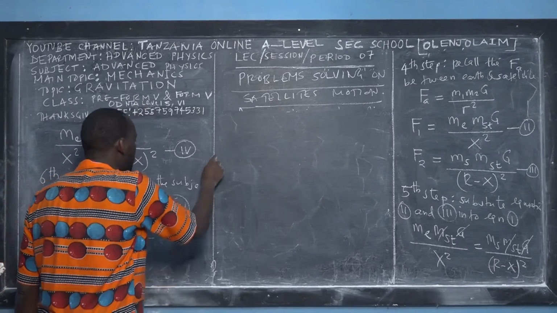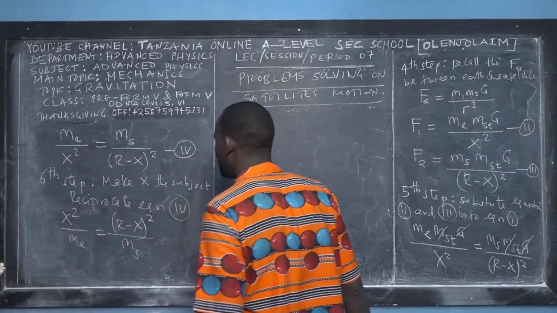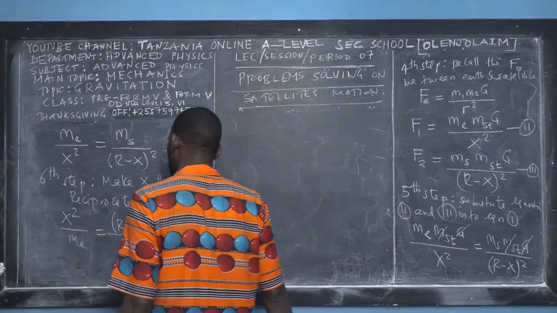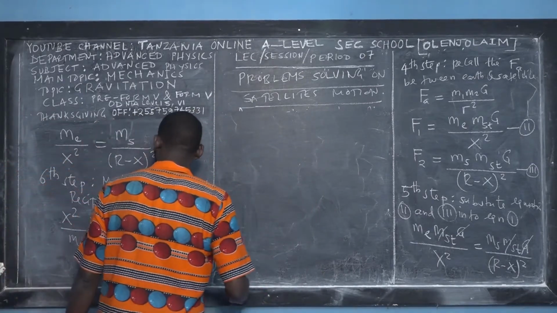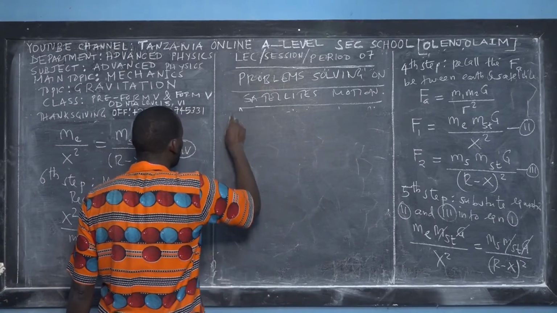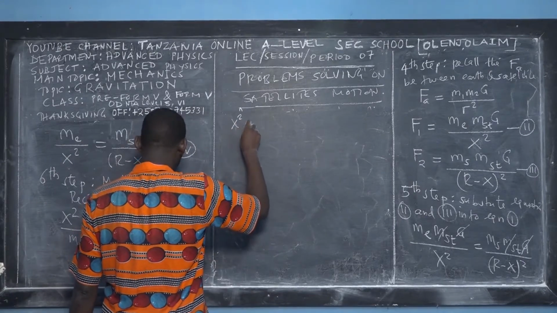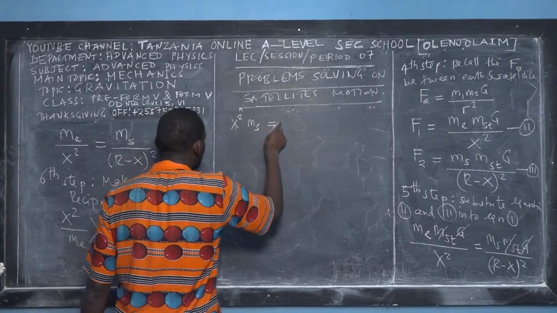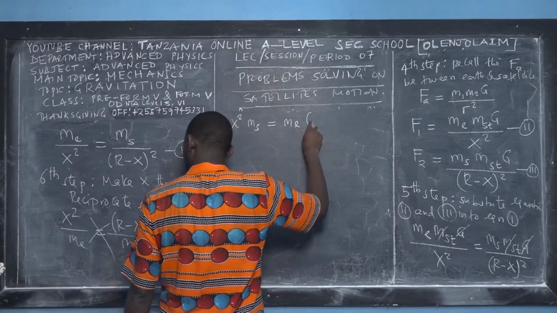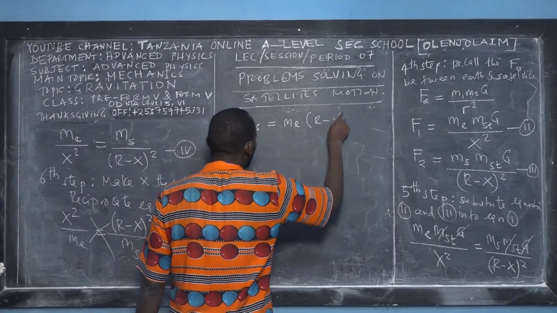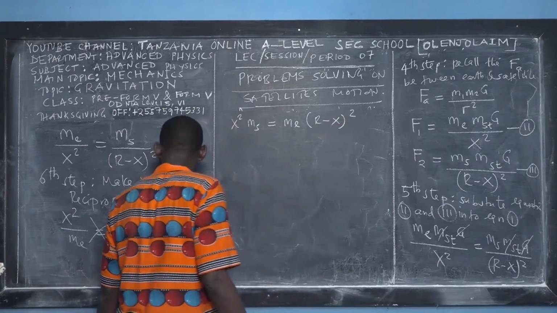So we are still proceeding to make x the subject. For this case we do cross multiplication, and then we have x squared times the mass of the sun is equal to the mass of the S times the distance from the S to the sun squared.